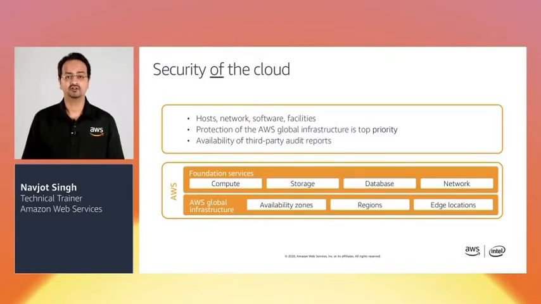We have a shared responsibility model with the customer. AWS manages and controls the components from the host operating system and virtualization layer down to the physical security of the facilities in which these services operate. This is what we call security of the cloud.